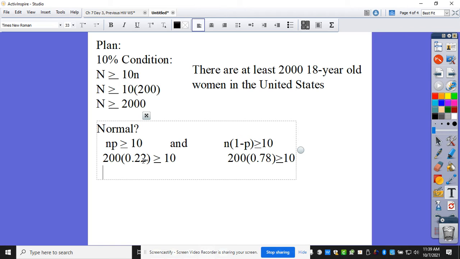And 200 times 0.22 gives me 44. And which leaves me with how much for this one? What I heard was a 2, and that didn't sound right.